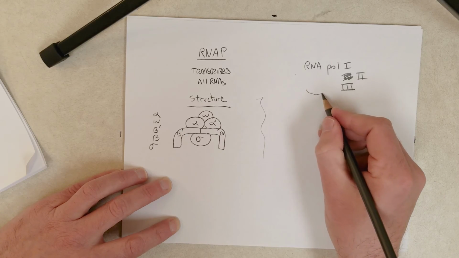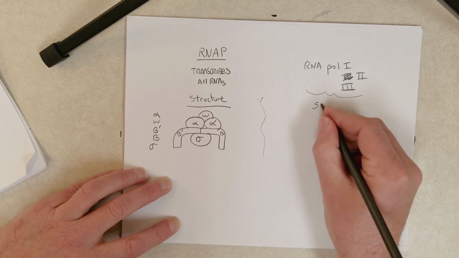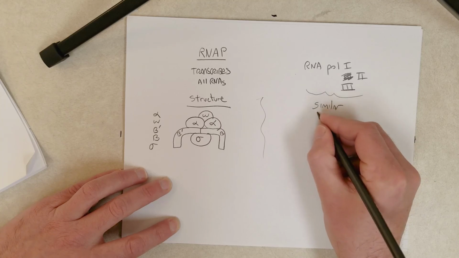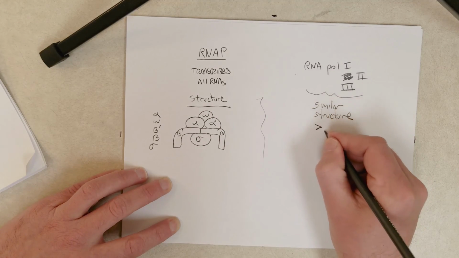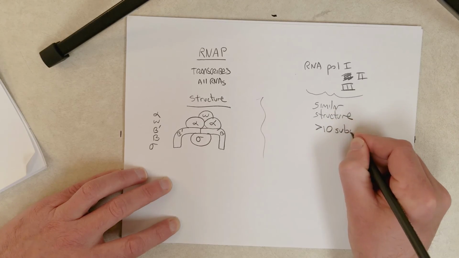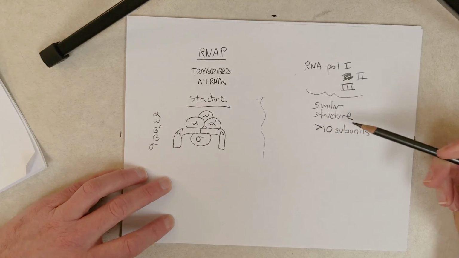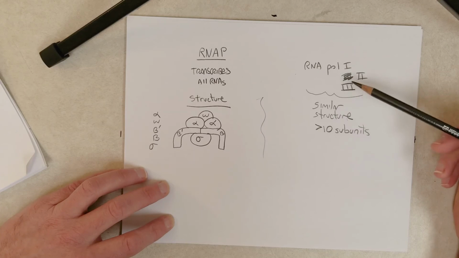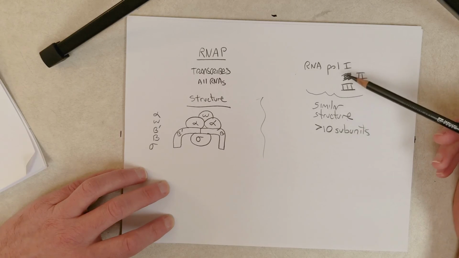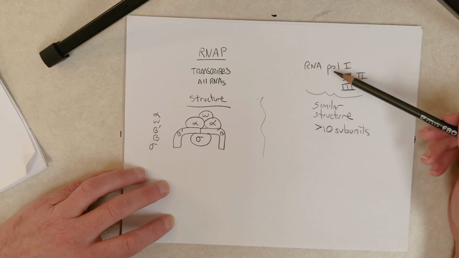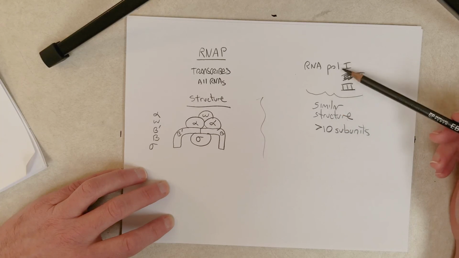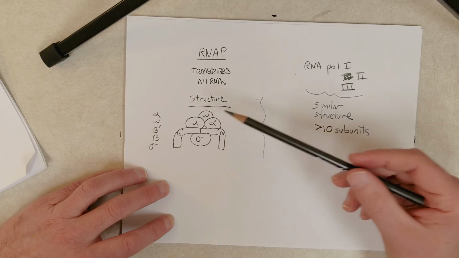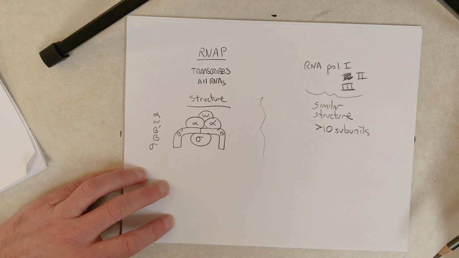Now we can say they all have a similar structure, with more than 10 subunits, and some of the subunits are shared between the different types of polymerases. So with respect to structure of these RNA polymerases, we just need to remember that it's slightly more complicated than the structure of RNA polymerase in E. coli.